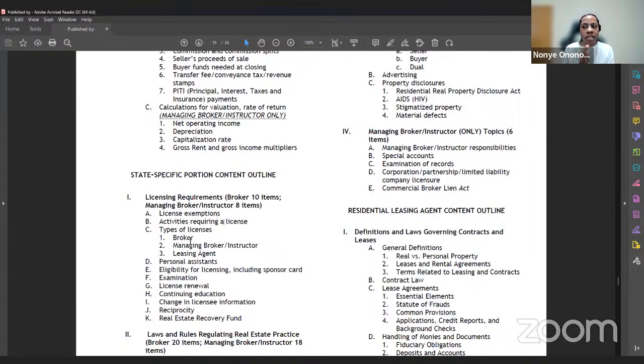And then the leasing agent license, I believe, is 15 hours. Yeah, it's 15 hours for that license. And that license is only restricted to leasing residential property only. So that title is the residential leasing agent. Okay.